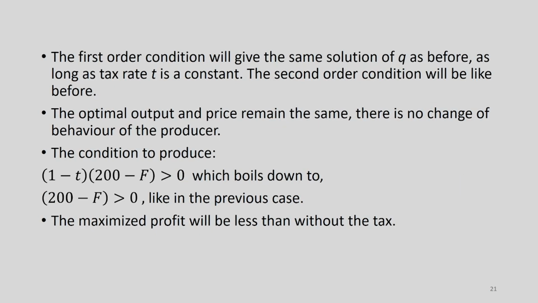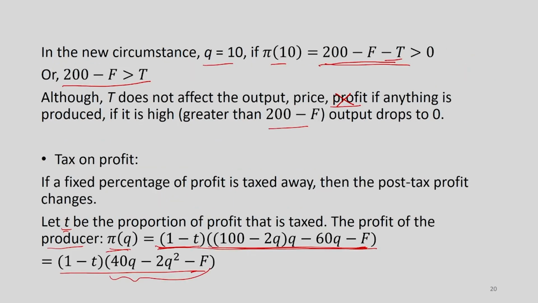The first order condition will give the same solution of q as before, as long as tax rate t is a constant. The second order condition will be like before. So, what is being said is that if you set the derivative of this with respect to q equal to 0, then that will give you just the derivative of the profit expression with respect to q equal to 0, because this is just a constant, right. t is a constant, so this is a constant.